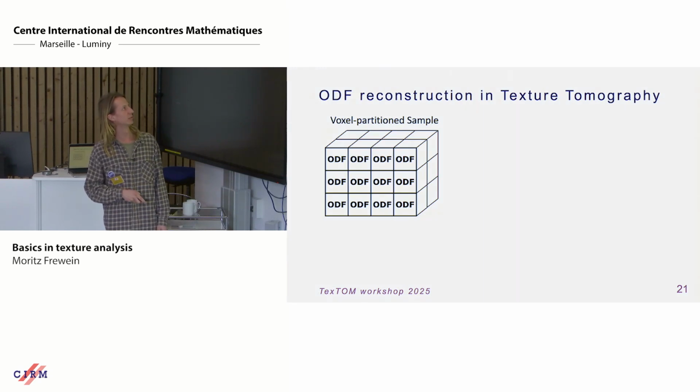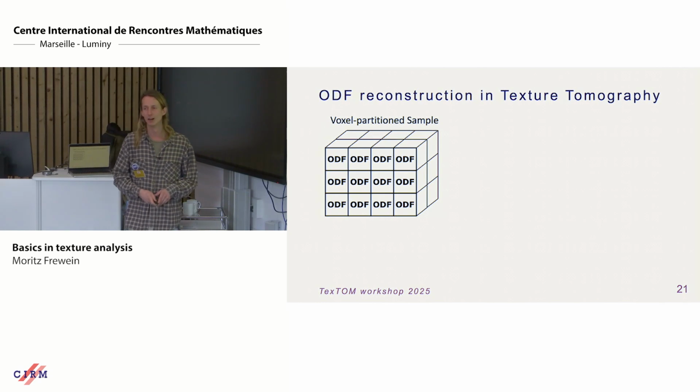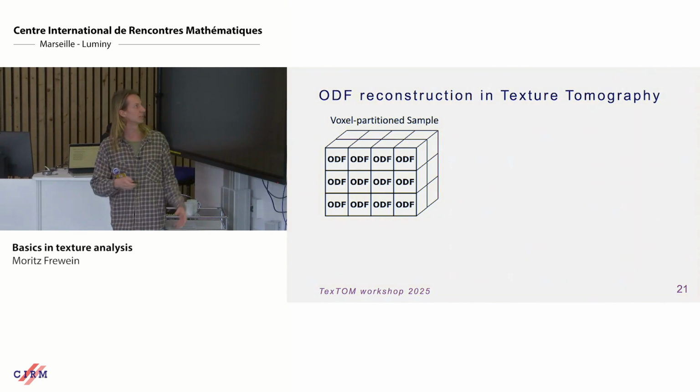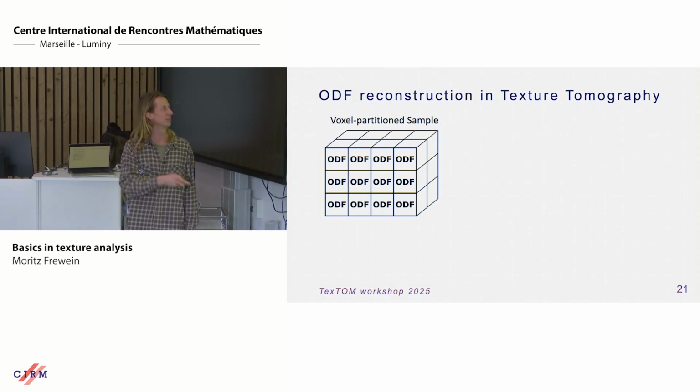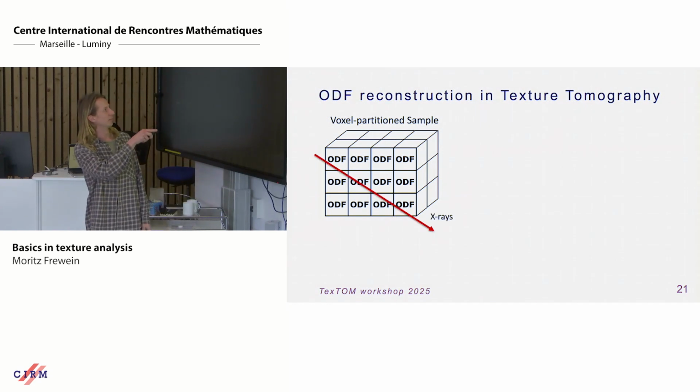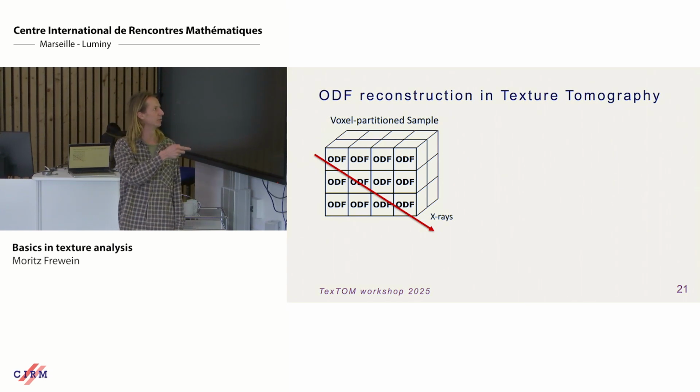This is the first part we need if we want to make a model for this experiment. The second part would be how to construct our sample. In this case, we would just partition it into voxels, and in every voxel, we need to describe the ODF. Then, when we have a certain setup where we know the X-rays come from this side, for example, we can find out which voxels lie on the way.